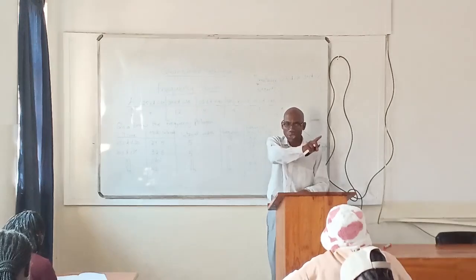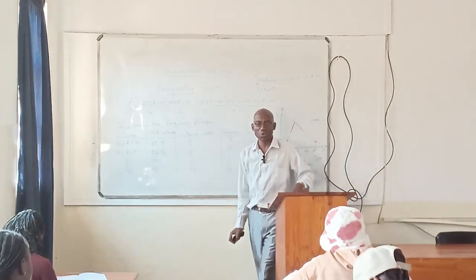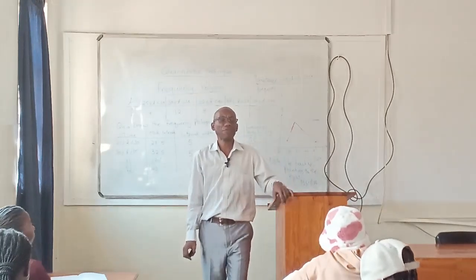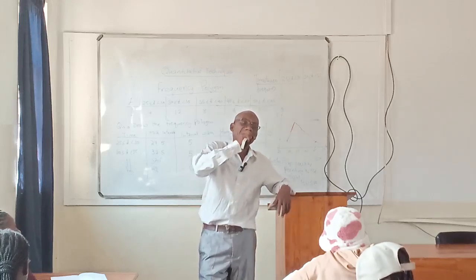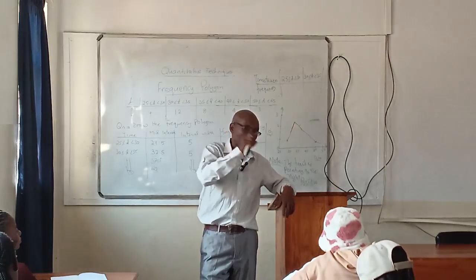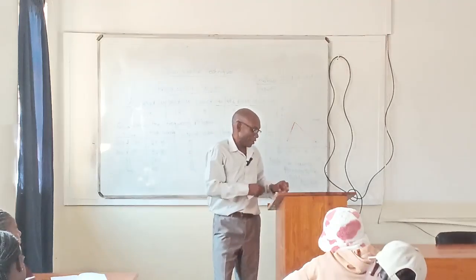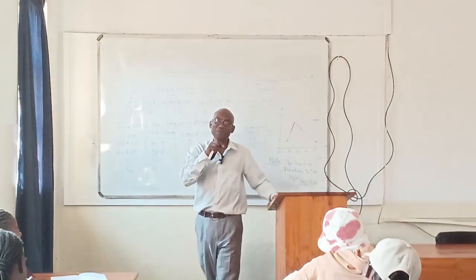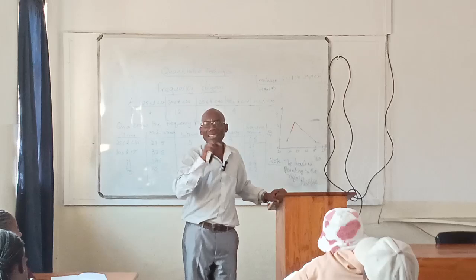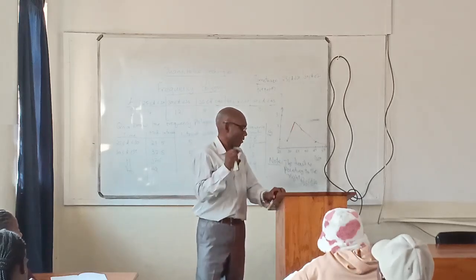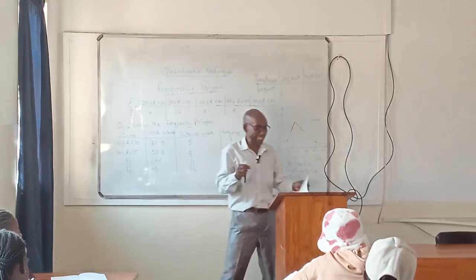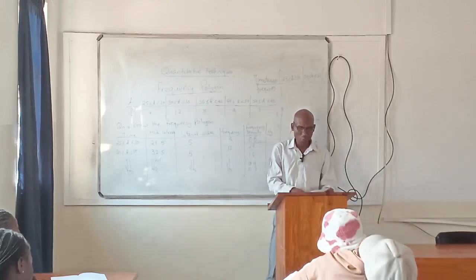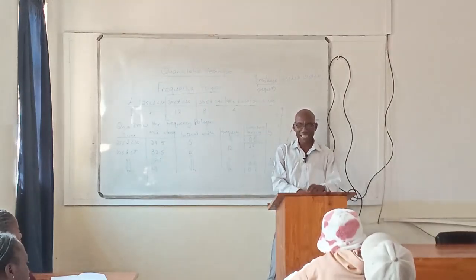That's why, according to your question, you are asking, is it possible that the graph has to be skewed to the right? You look at those two graphs and notice that the second graph, you can't see where it is skewed, right?